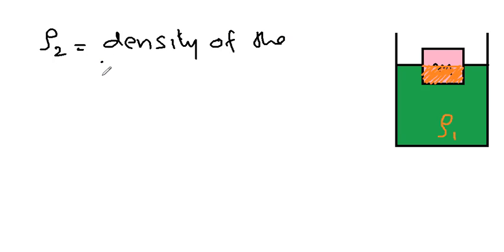Now when the body melts, it will form a liquid. Let us assume that ρ2 is the density of that liquid formed.